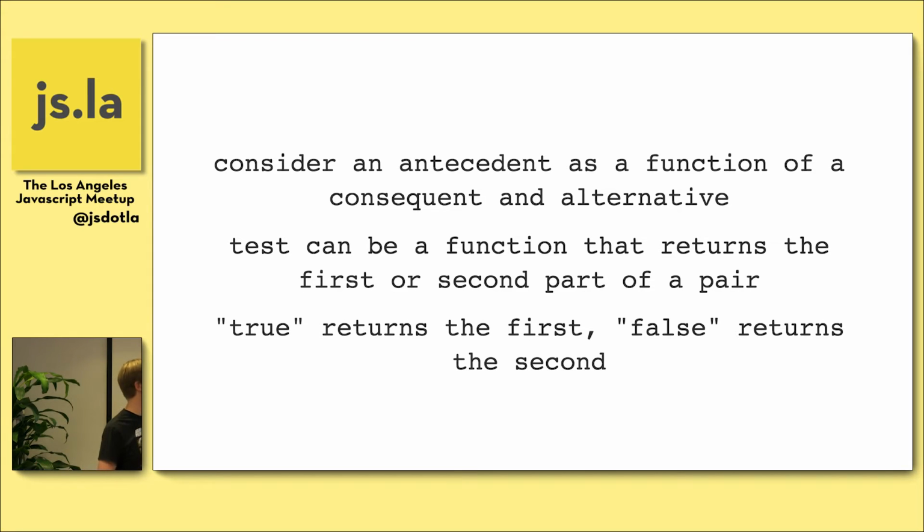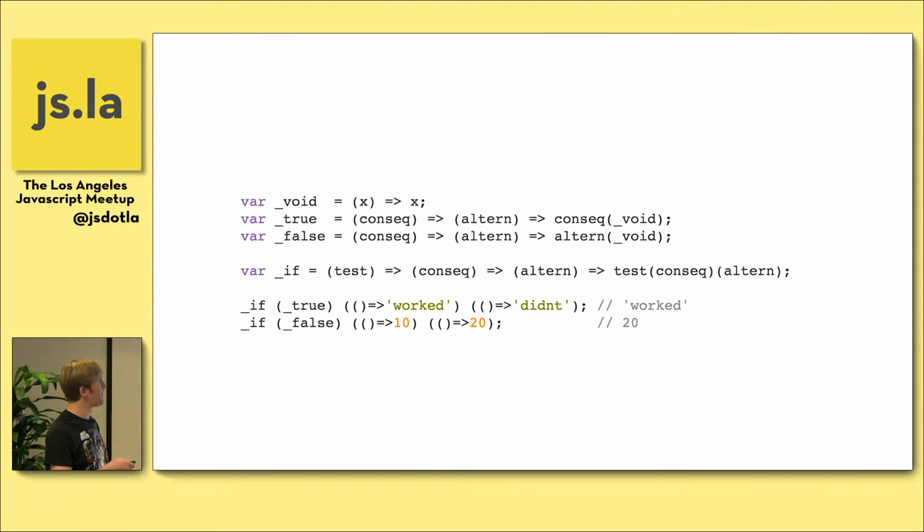Test can be a function that returns the first or second part of a pair. And so true is like car, and false is like cdr, and the pair is actually just your program. So void is just useful. You'll see it again. It just takes an argument and passes it through and does nothing with it. And then you can see that true basically takes a consequent and alternative and invokes the consequent.